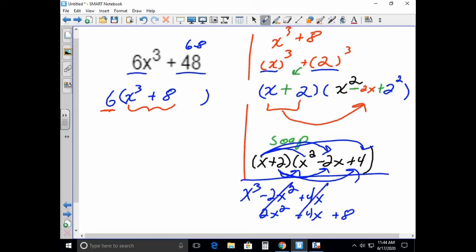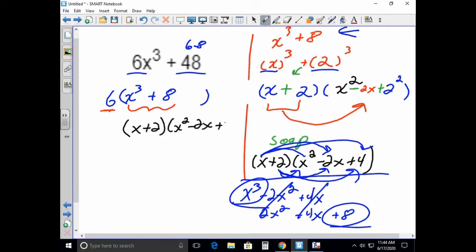Notice those cancel, leaving us x cubed plus 8, which is what we were factoring. So yes, that formula really works. So x cubed plus 8 factors to x plus 2 times x squared minus 2x plus 4, and we bring our 6 down. So that's how we're going to factor that one.